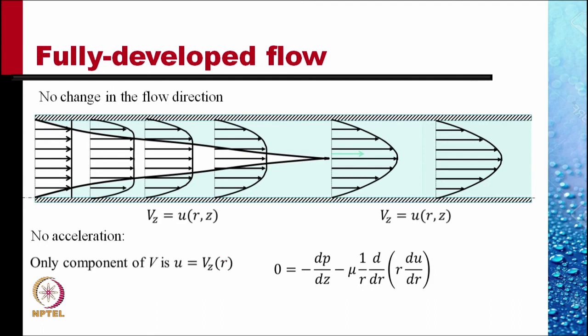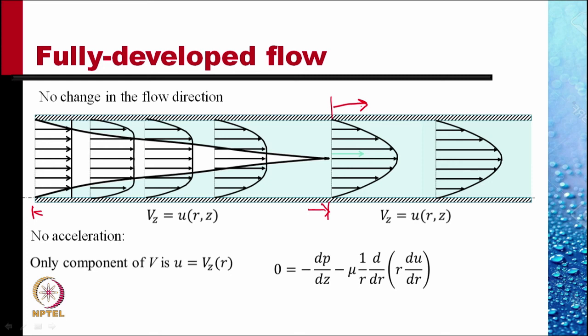Then there is a concept of fully developed flow. We've seen earlier that as a flow enters a pipe, the velocity profile changes down the pipe, but only up to a distance which is termed the entrance length. Beyond this entrance length, the flow can be taken as fully developed.